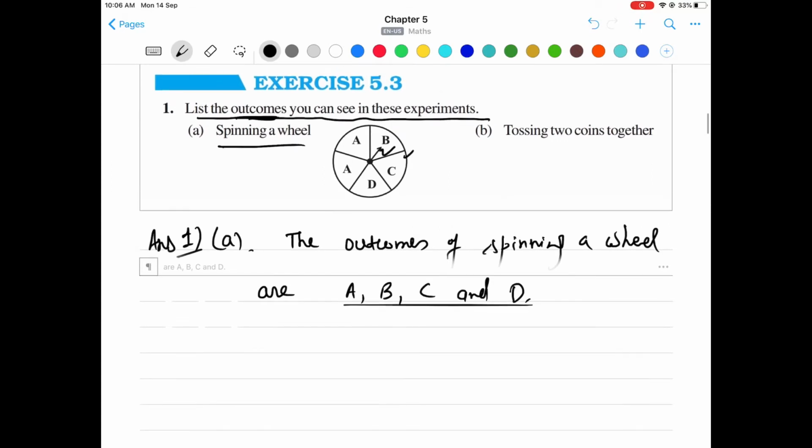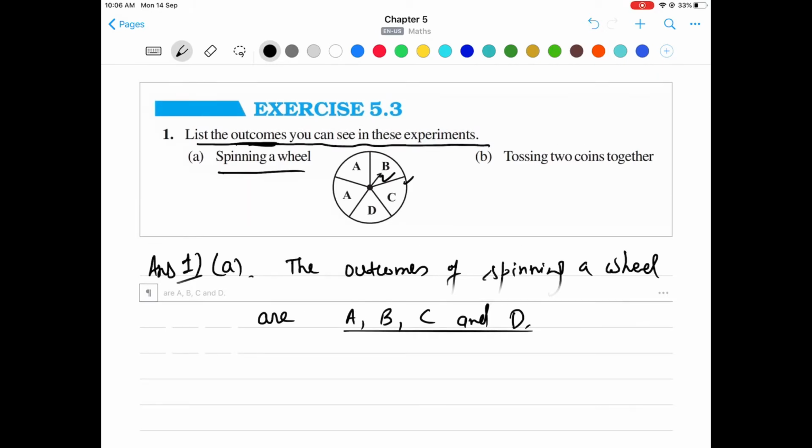But if you're asked to write the number of outcomes, the number of outcomes here is not 4. The number of outcomes here is 5. When you're asked the number of outcomes, you have to count all the alphabets, A, B, C and D. But when you are asked to write the outcomes, here it is only 4, because A is appearing 2 times, but we will count that only 1 time.